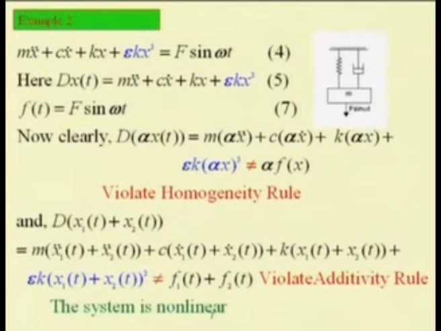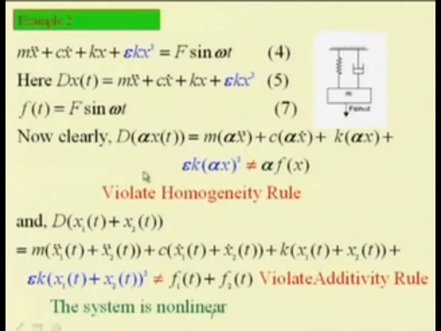This will be equal to F sin omega t. Here D x(t) is m x double dot plus c x dot plus k x plus epsilon k x cubed, and the forcing term f(t) equals F sin omega t.